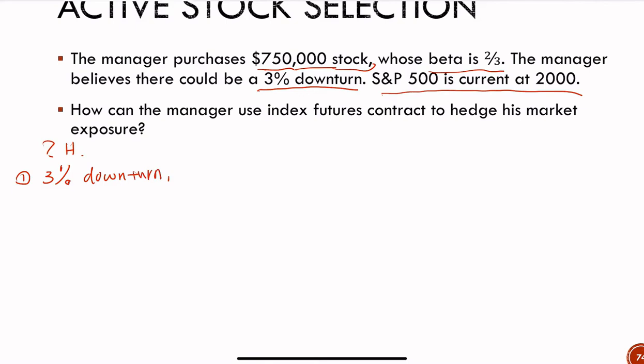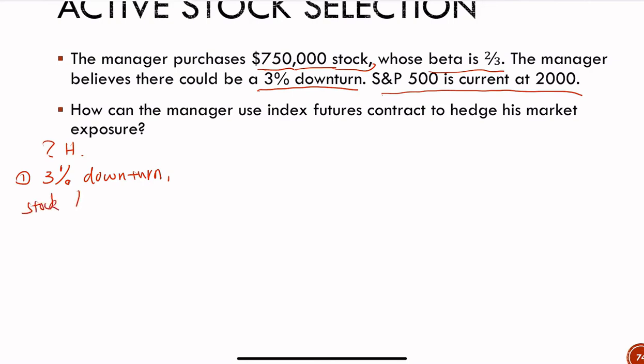Now, in this case, let's see what your loss is on your $750,000 portfolio. So if there is a 3% downturn, remember this is a market downturn. However, your equity position has a beta of 2/3.